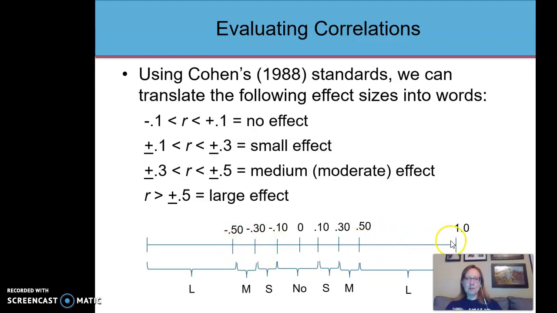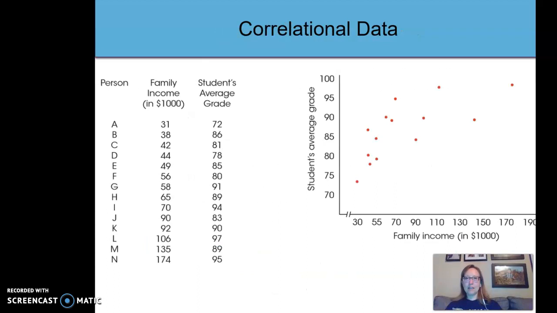And if we get something bigger than 0.5 or smaller than negative 0.5, this is a large or strong relationship. So remember that a relationship can be strong and positive, or strong and negative. Strength is about being further away from zero, whether it's on the positive or negative side.